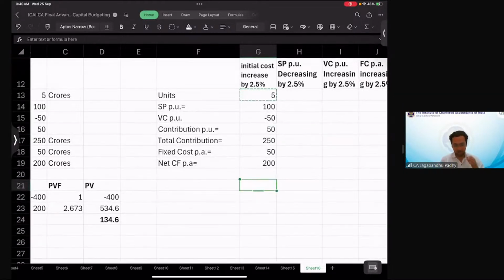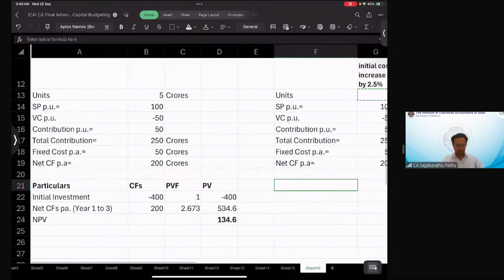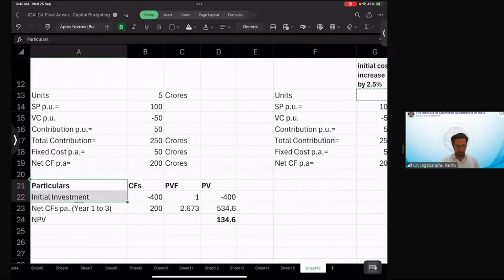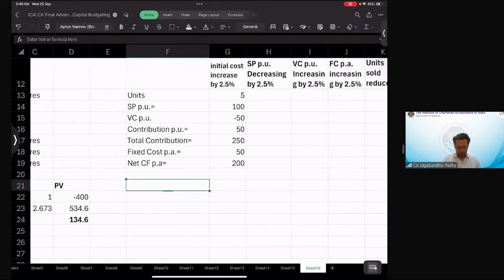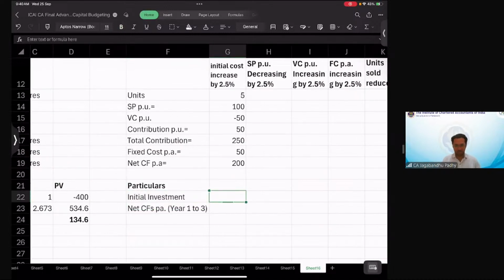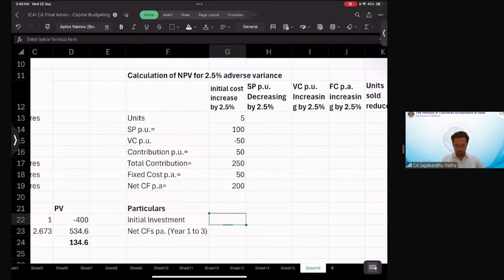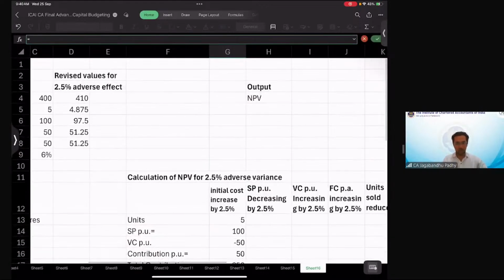Now, of course, when we are calculating the cash flows and the PV factor, let us just write down particulars. Initial investment, this is becoming like 410.